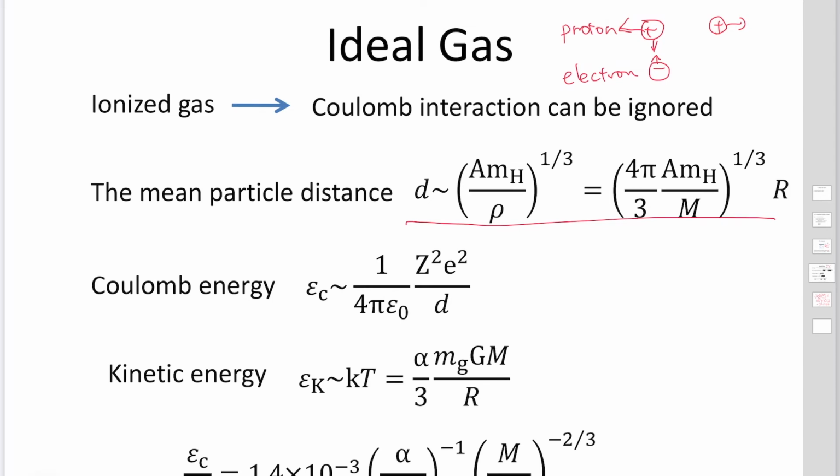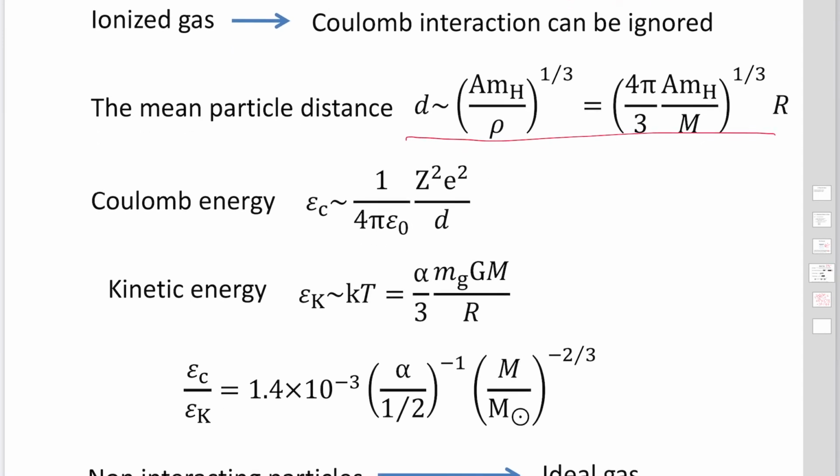Using this mean distance between the particles, you can estimate the Coulomb energy between two particles. We consider an ion with positive charge Ze and another ion with positive charge Ze. Then a repulsive force acts between these two particles. The Coulomb energy is estimated as 1 over 4 pi epsilon naught times Z squared e squared over d, where d is the distance between the two particles.